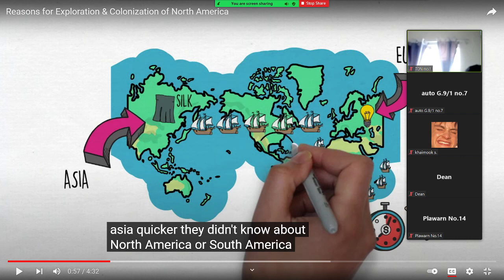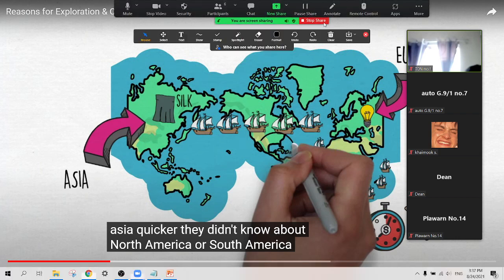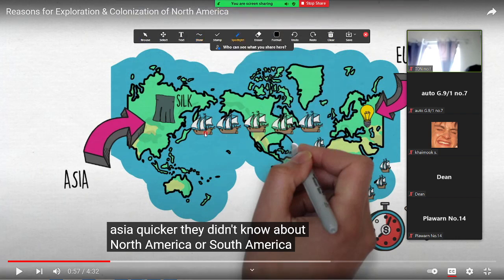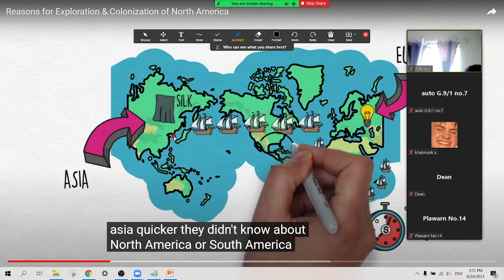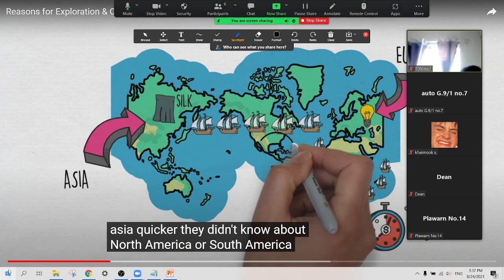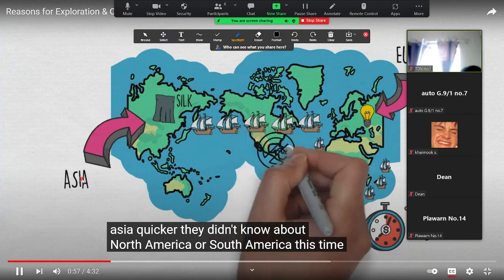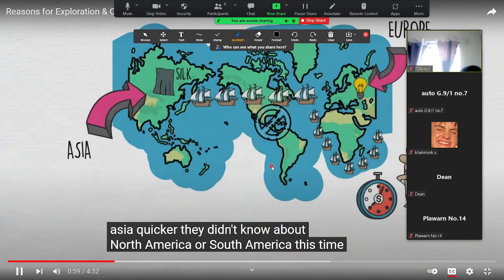That's why they believed that when you sail west, you will get to Asia right away. So in their maps before, this continent did not exist.